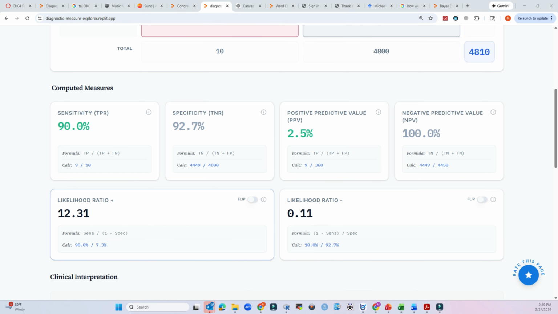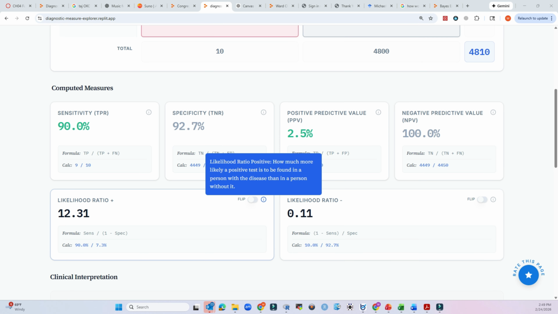Additional information about the likelihood of negative and positive tests given the disease status can be obtained from the likelihood ratio. Hovering over the information icon shows you how to interpret that likelihood ratio. This is an expression of how likely a positive test is among people with the disease relative to those without it.